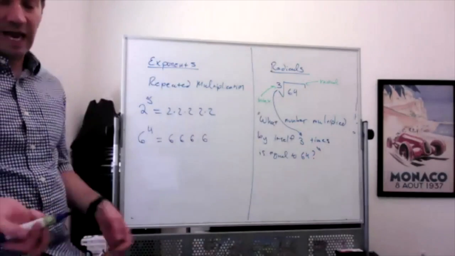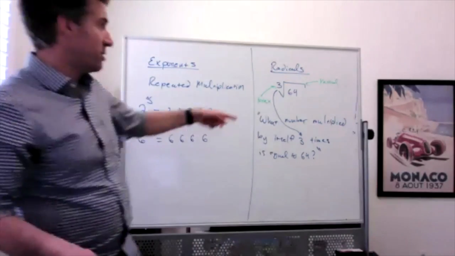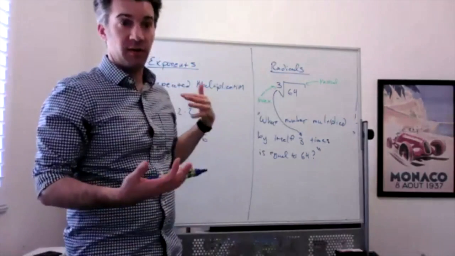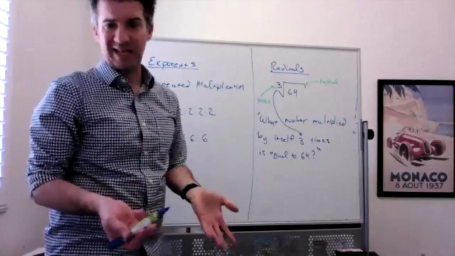That's what that is actually asking us for. So if that was a 5 there, they'd be asking what number do you multiply by itself 5 times to get 64. It's a less nice number.